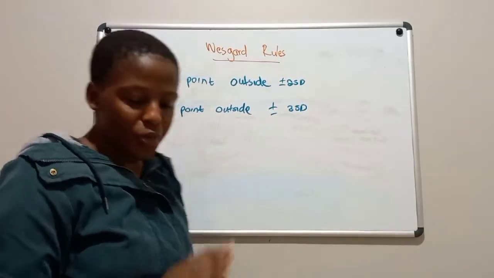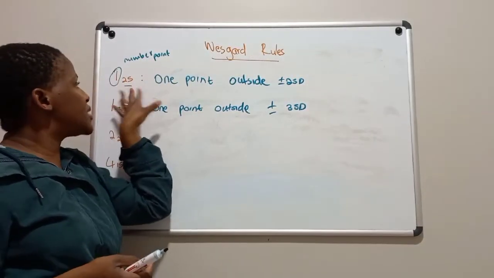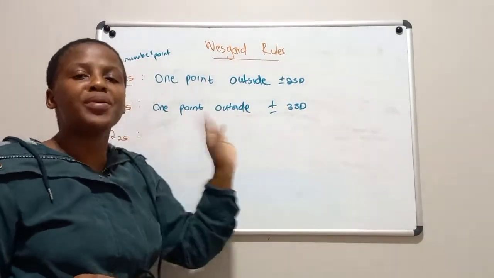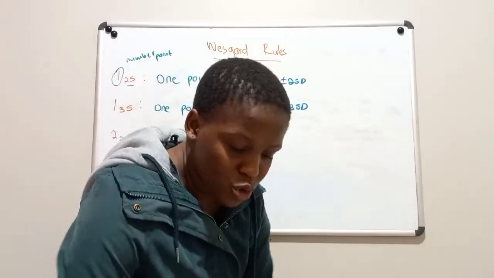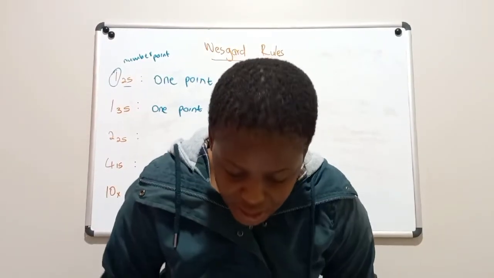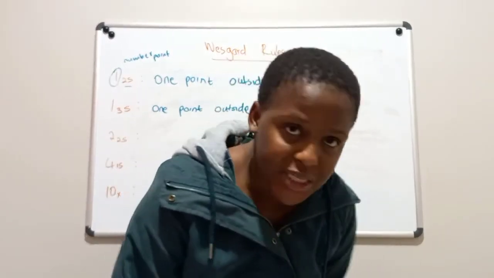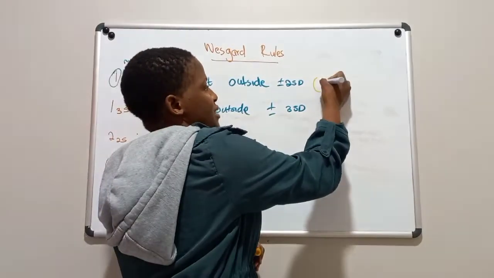Before we continue with the other ones, once we have seen these rules being violated, they also tell us whether we must accept or reject what we see on our LJ graph. With this first rule, it is just a warning.